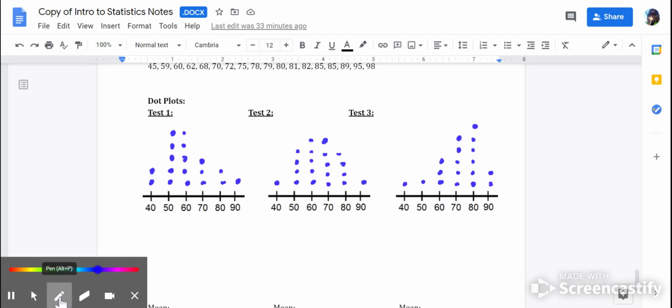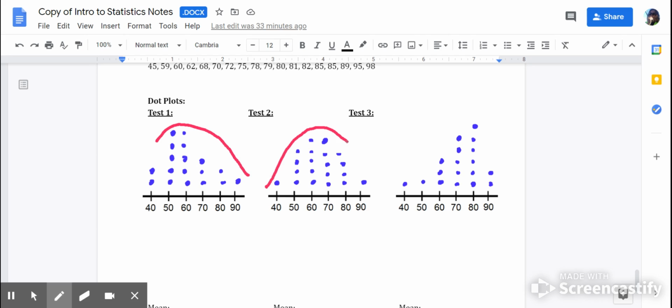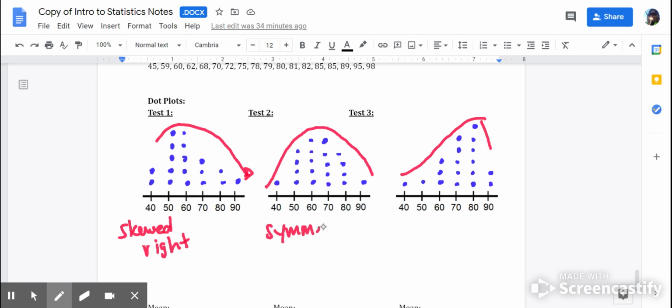You can trace the outsides. This will help you to determine. You can tell that this is skewed to the right, and one is symmetrical, and the last one is skewed to the left.